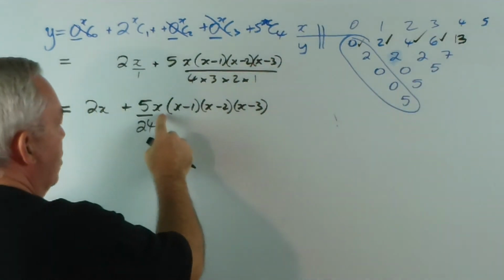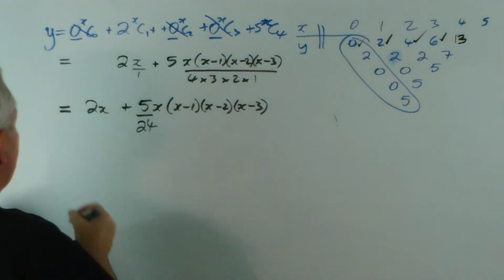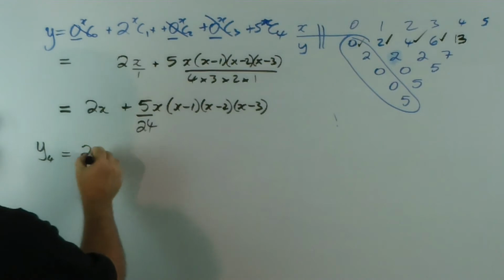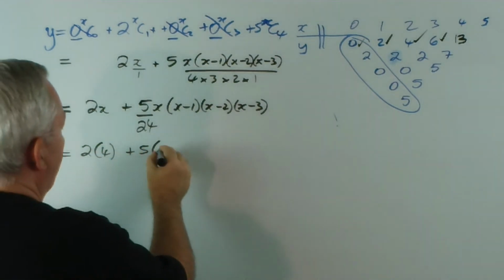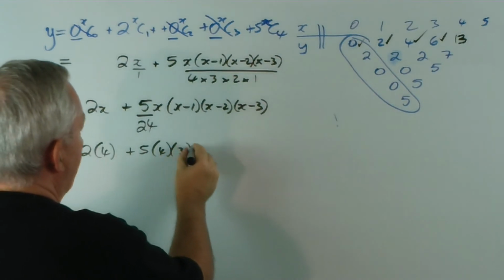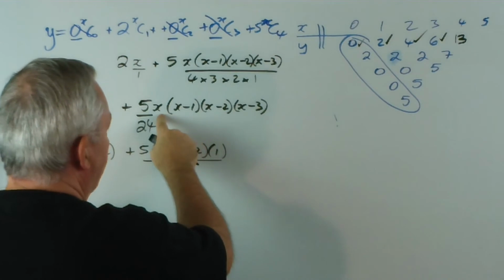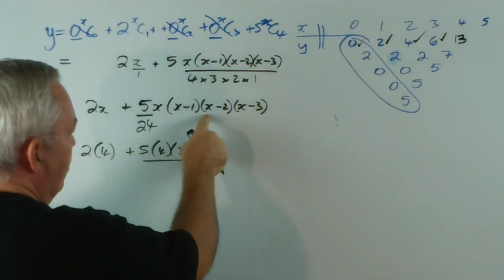If I put in 4, there is no x minus 4 term, so I've actually got to substitute. So let's find the y value when x is 4. It's 2 lots of 4, plus 5 times 4 times 3 times 2 times 1, because when x is 4, 4 minus 1 is 3, and so on.